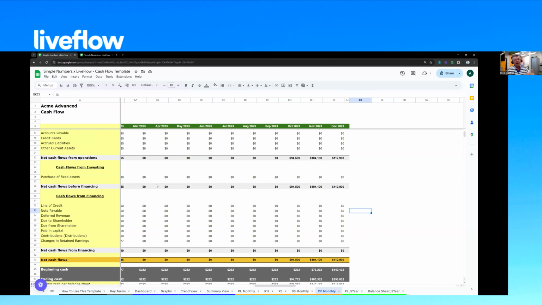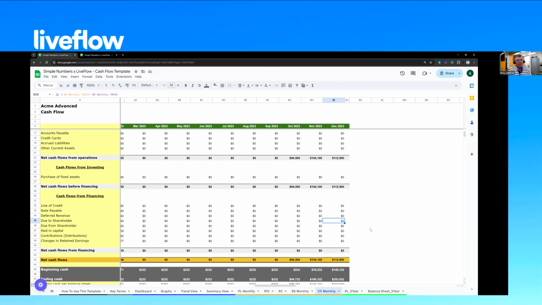And then when you get into the financing, you're looking at, am I borrowing money? Am I on and off the line of credit? And more importantly, the due to, due from shareholders and the distributions line is the next major line. The classic issue that entrepreneurs face is, I'm profitable, but I don't have cash.